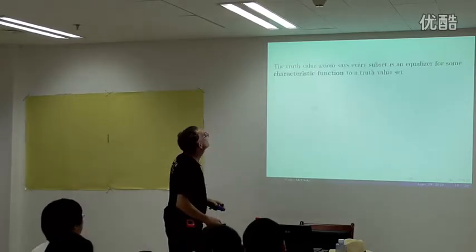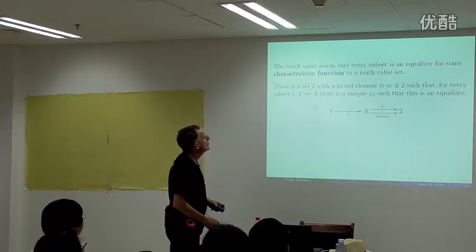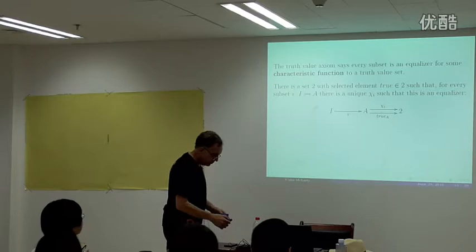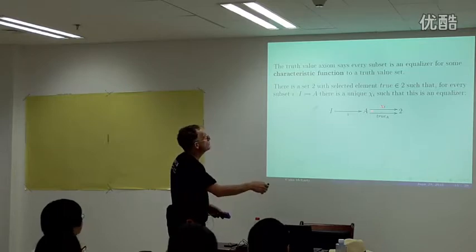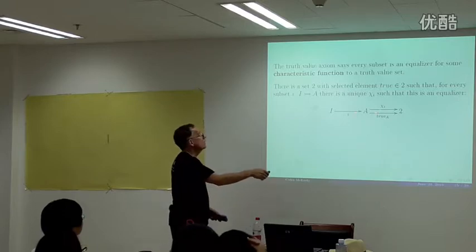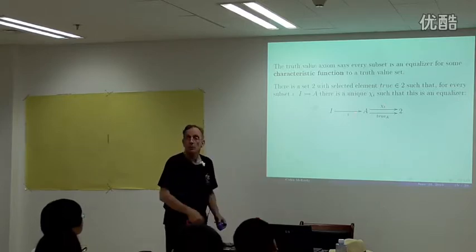Now, are there other things here that we could usefully revisit? Okay, so this subset is the whole of A, just in case that's the same function as that one. The whole of A, the characteristic function, takes everything to true.